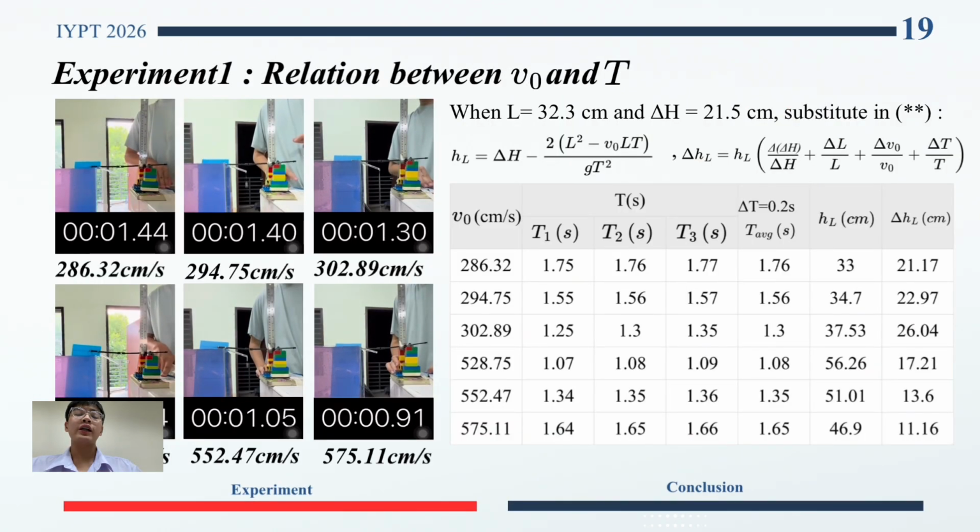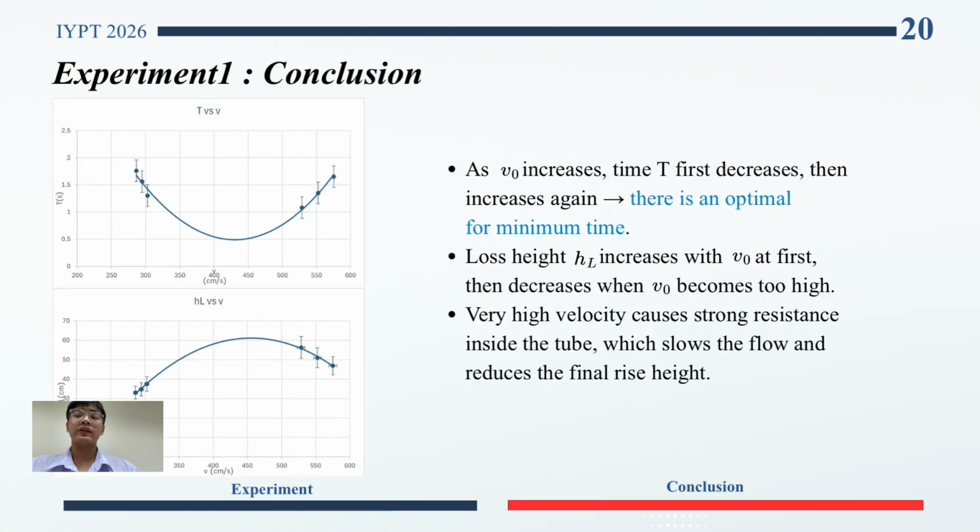Observing in experiment 1, we observed T three times for each velocity and calculated HL. As V0 increases, time T first decreases, then increases again. There's an optimal point for minimum time, and the loss height increases with V0 at first, then decreases when V0 becomes too high.